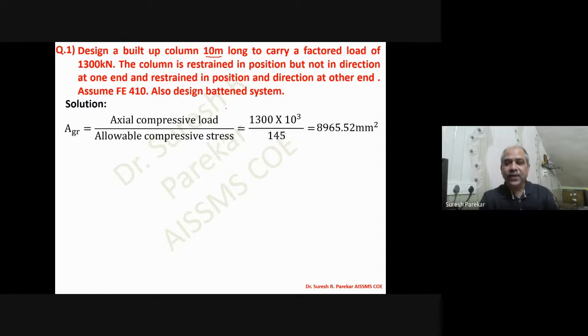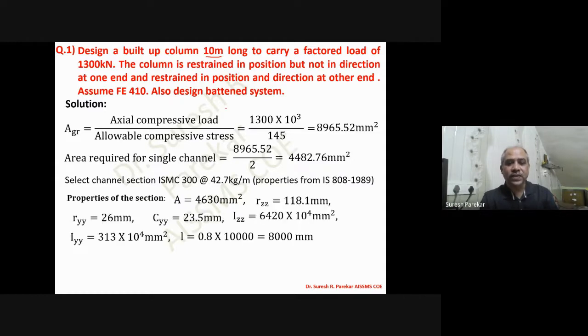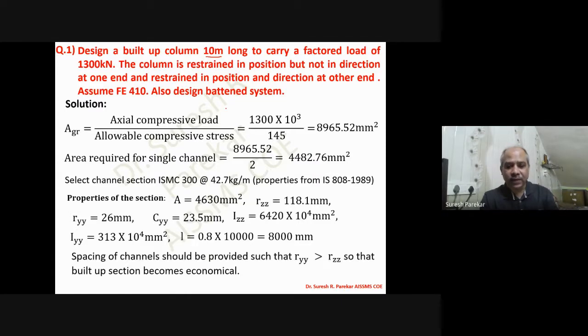Depending upon the area required, we have calculated for a single channel. Accordingly, the channel is selected, which has properties as per IS 808 1989. Now we have to provide the spacing of the channels in such a way that RYY is greater than RZZ, so we will consider R minimum as RZZ.